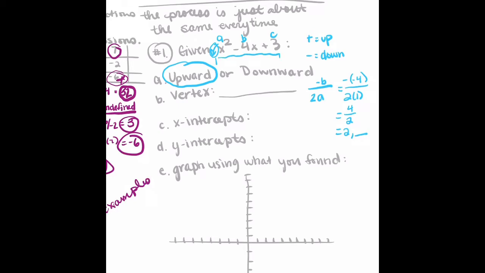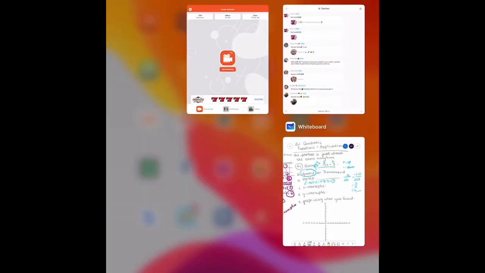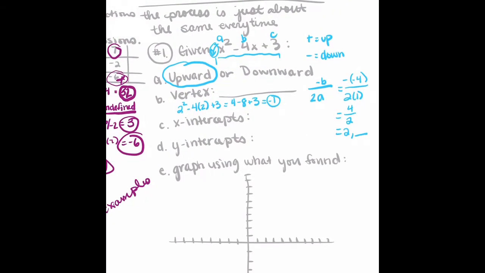So if I do 2 squared minus 4 times 2 plus 3, I get 4 minus 8 plus 3, which equals negative 1. So I see that my vertex is at 2 comma negative 1. Make sure it's always a coordinate pair.